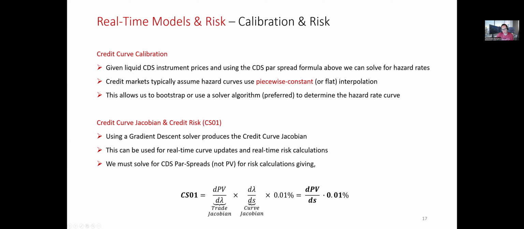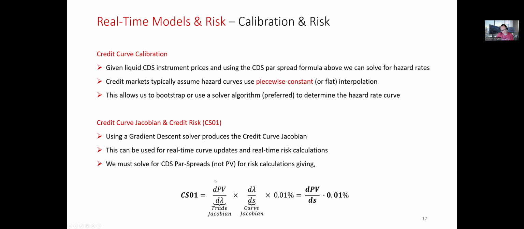And you can sort of see here why we can't have a curve Jacobian with dPV, d lambda, because everything cancels. You'll have the lambdas cancelling out, the PVs cancel out too, and then you don't have any risk. So that's why I'm saying we must pick the risk factor.